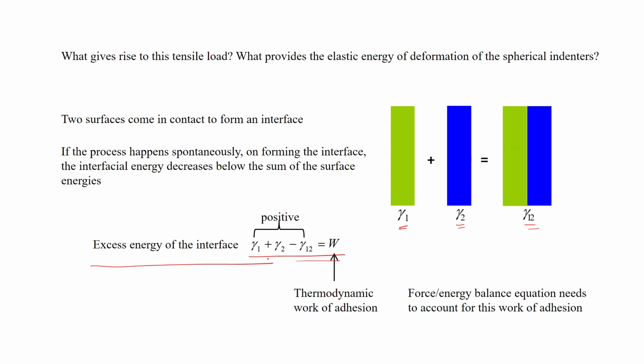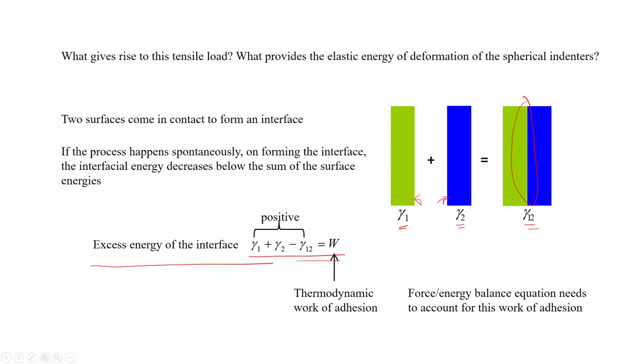So, this quantity, gamma 1 plus gamma 2 minus gamma 1 2, is called the work of adhesion. Work of adhesion means that suppose you have this interface, which has energy gamma 1 2. Now, when you try to separate it, you create two different surfaces, one here and another here, and because of this new surface that you create, a new amount of energy needs to be given, which is gamma 1 plus gamma 2 minus gamma 1 2.